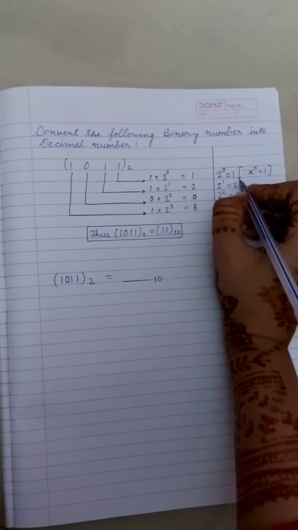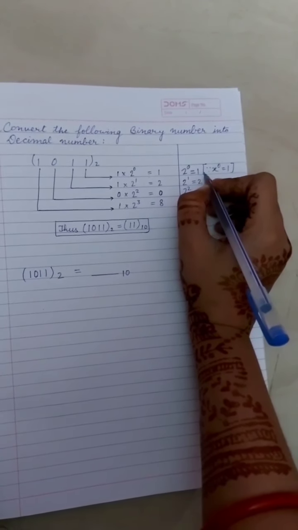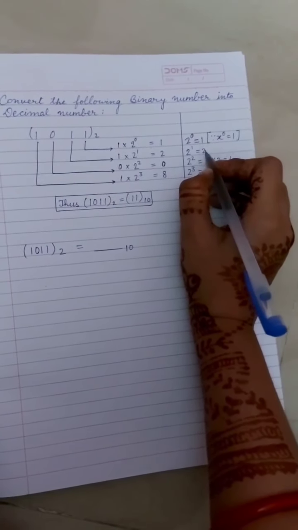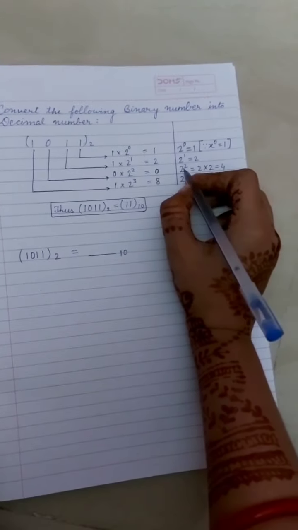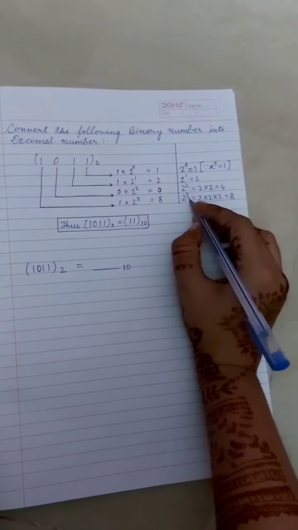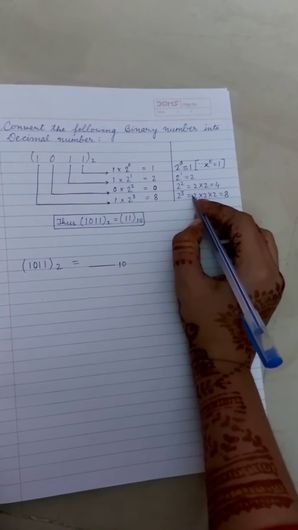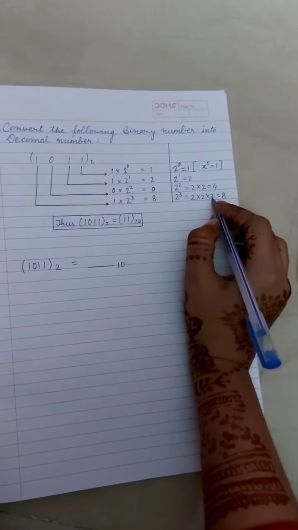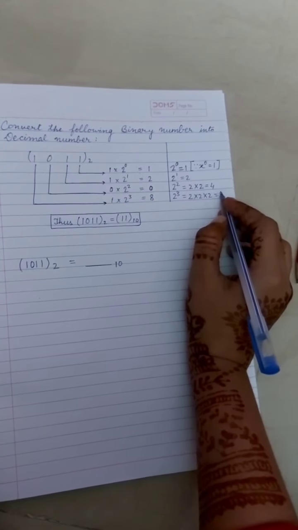So whenever we come across 2 raised to 0, it will be considered as 1. 2 raised to 1 is 2. 2 square means 2 into 2 is equal to 4. 2 raised to 3 means 2 cube, that is 2 into 2 into 2, 3 times, which will be 8.